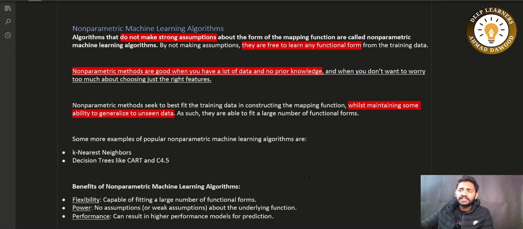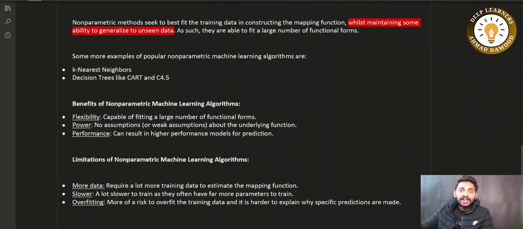There are examples: decision tree, KNN. So in that particular module, we will focus on the decision tree, and you will get an idea how, without assuming some mathematical form, you are able to find out some relation or some patterns between inputs and outputs.